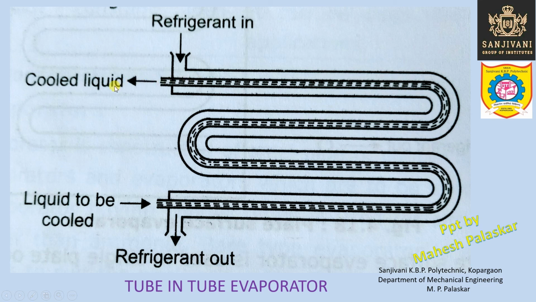So we get the cool liquid out. The liquid to be cooled is entering and the cool liquid is coming out, okay, through this particular evaporator known as the tube in tube type evaporator.